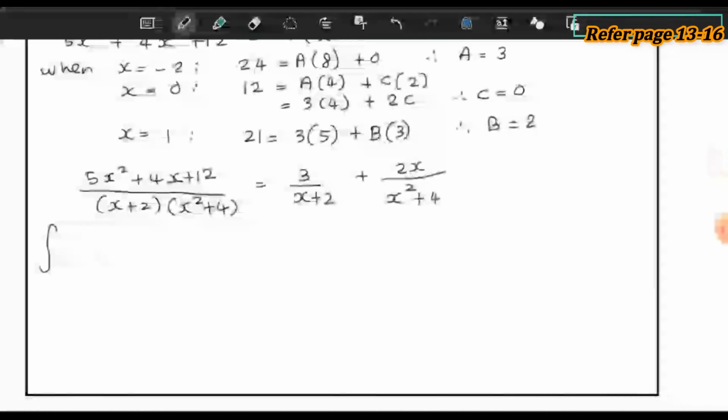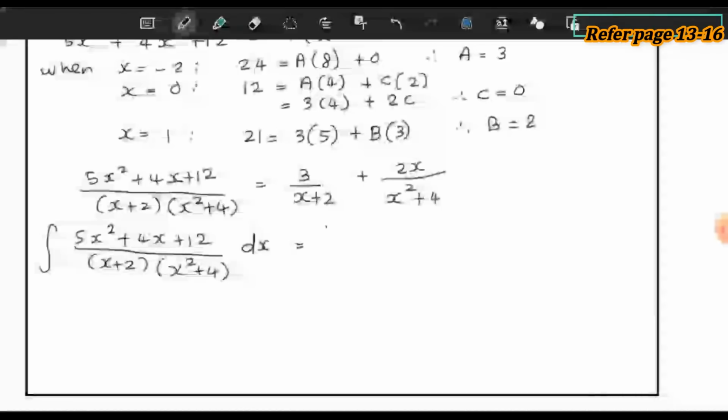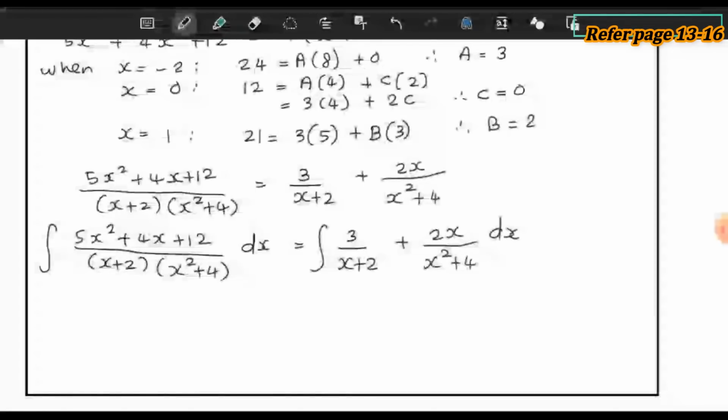Next, integrate 5x squared plus 4x plus 12 over x plus 2 times x squared plus 4 dx, which equals the integral of 3 over x plus 2 plus 2x over x squared plus 4 dx, equals 3 ln of x plus 2.